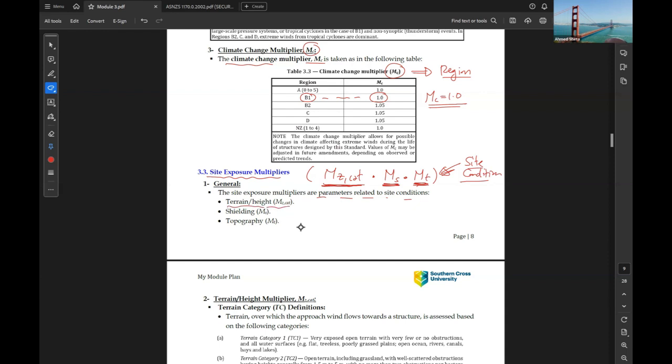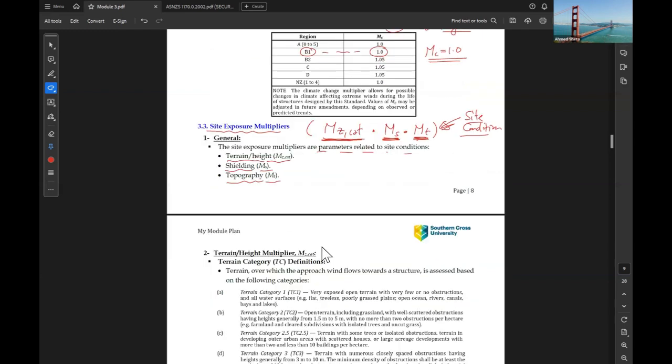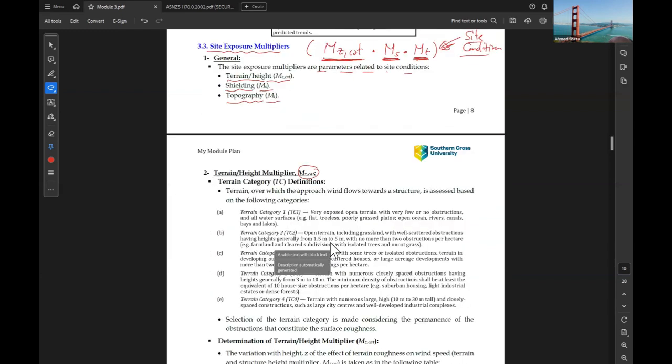Let's start with M_z,cat, the terrain height multiplier, which depends on the terrain category.